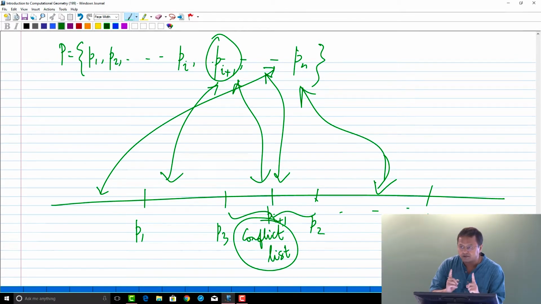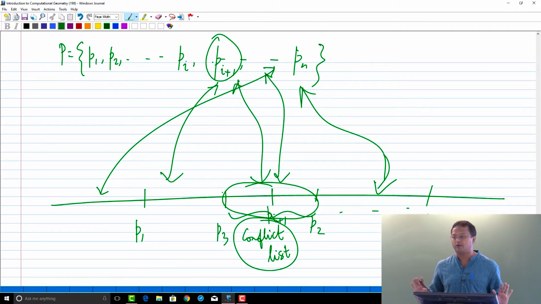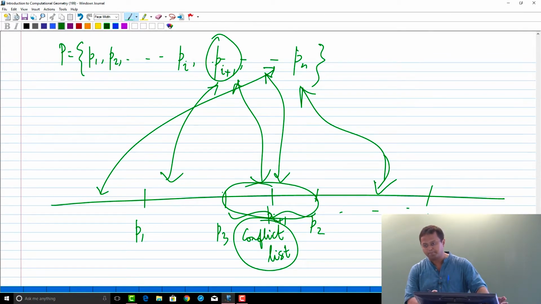Now my point is, only looking at this, if I can reorient the pointers corresponding to this conflict list, then I am done. I need not look into the conflict lists of the intervals to its left or right, they will remain as they are. Agreed? You do not seem convinced, white vest.